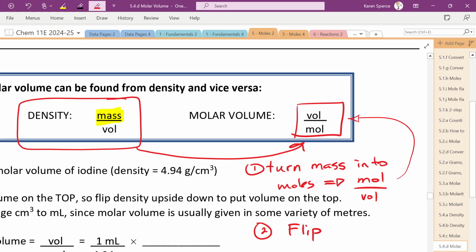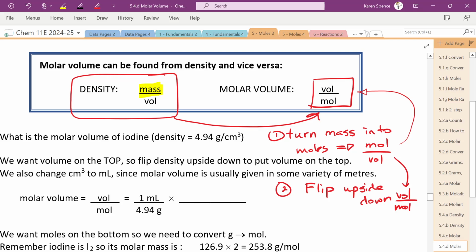You can do that in either order. You can flip first and then convert, or you can convert and then flip. And if you flip it upside down, then that becomes volume over moles.